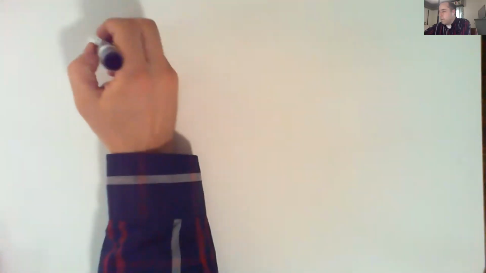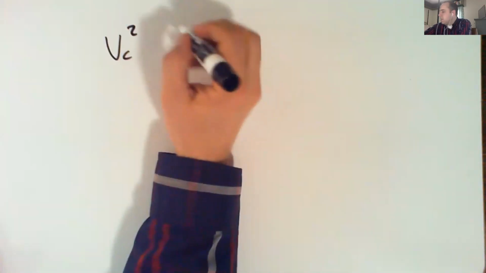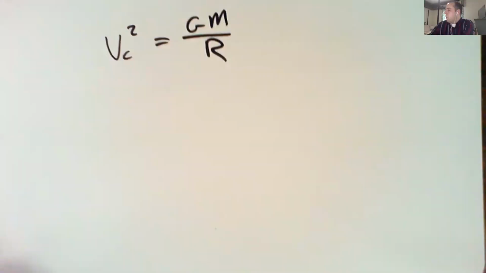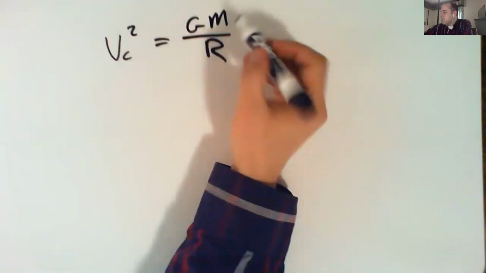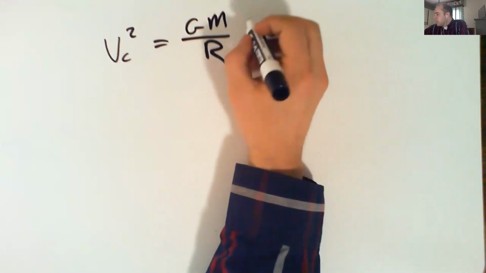Here's my trusty whiteboard. Here is the formula we started from. The circular velocity, I'll just label it v sub c, is GM over r. We want to know what M is. Let's solve this for M. Let's get rid of the G on both sides.